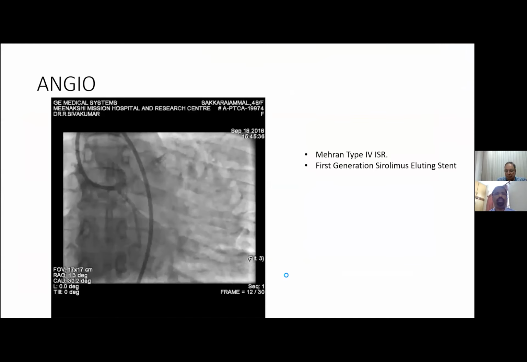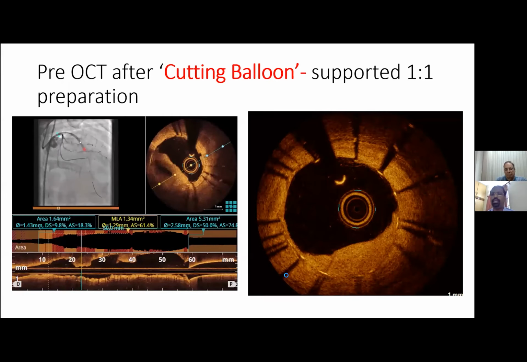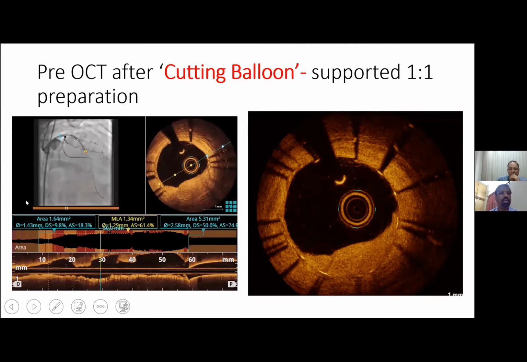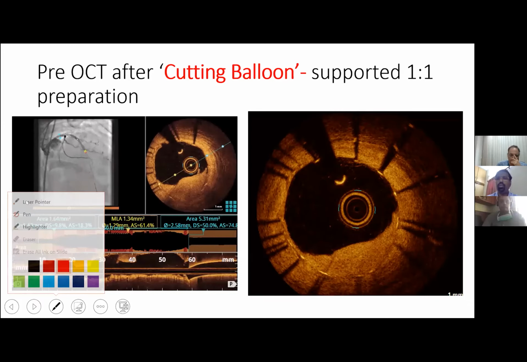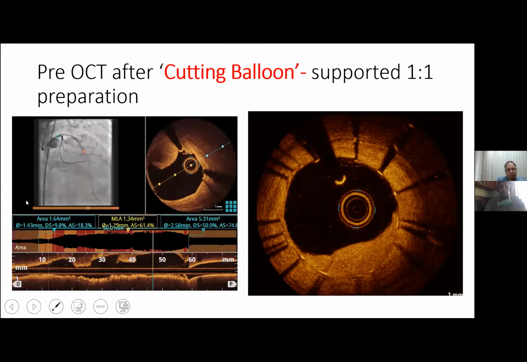After the pre-OCT preparation, as it was ISR, we thought we'd use the cutting balloon, which was taken to a 1:1 ratio. You can appreciate in the still image between 3 o'clock to 7 o'clock a homogeneous growth, whereas in other areas it has been well prepared.